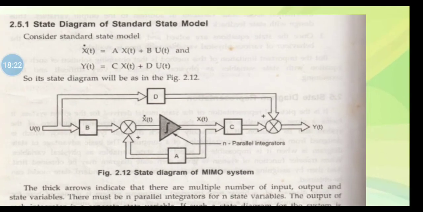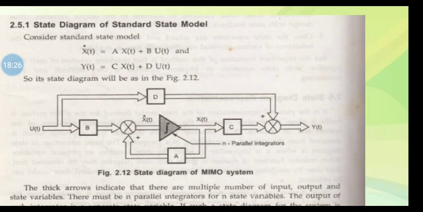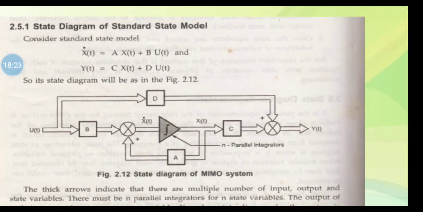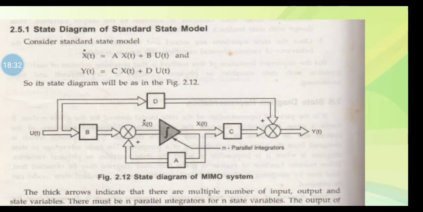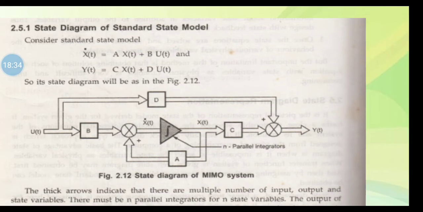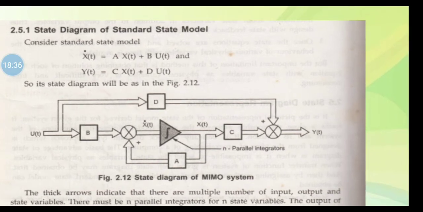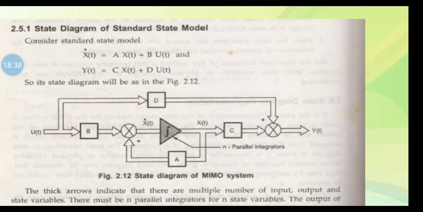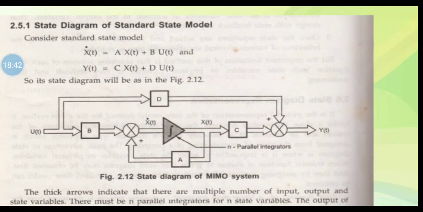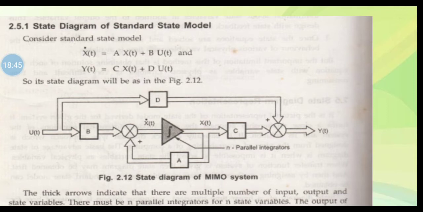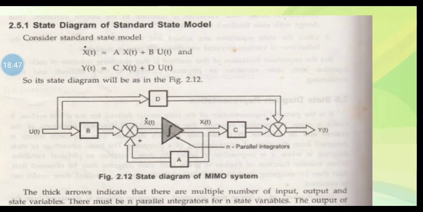So, A is here, Bu of t is added with Ax of t. This is x of t, x of t into A is Ax of t. This is B into u of t. Add them, and when you add, we'll get x dot of t. So this x dot of t is Ax of t plus Bu of t.